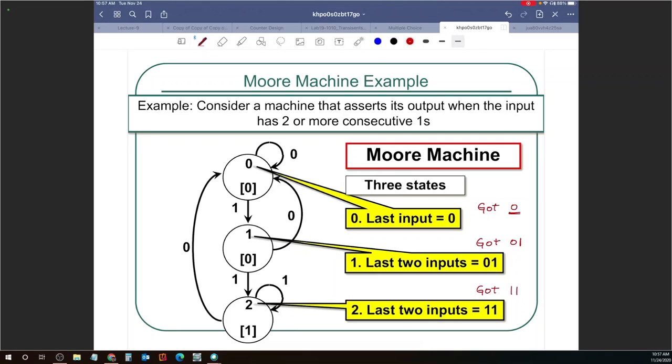Now the question is, why did I not consider the got 1 state, and why did I not consider the got 1, 0 state? Why is this not there, and why is this not there?